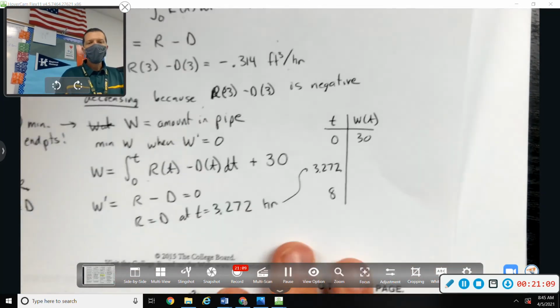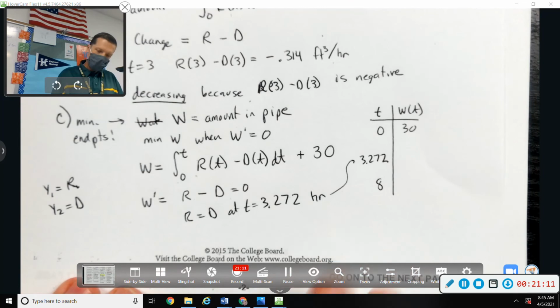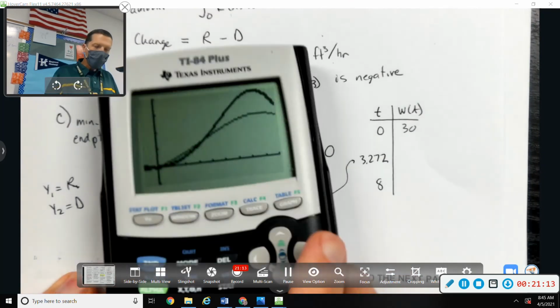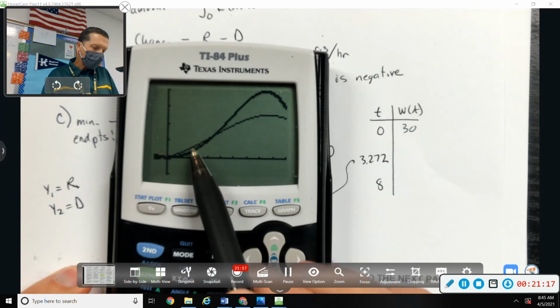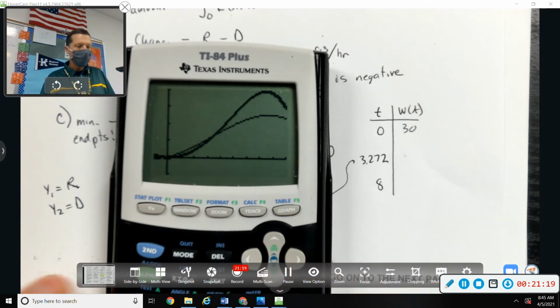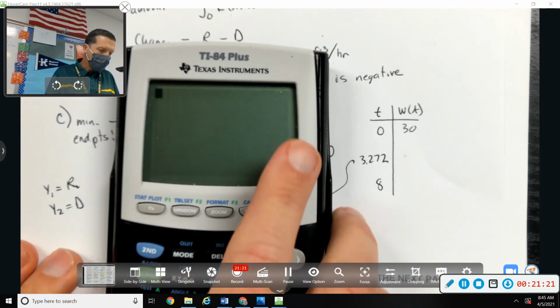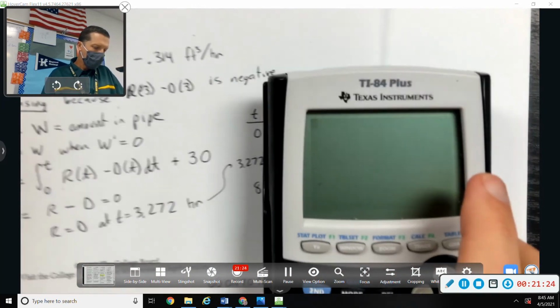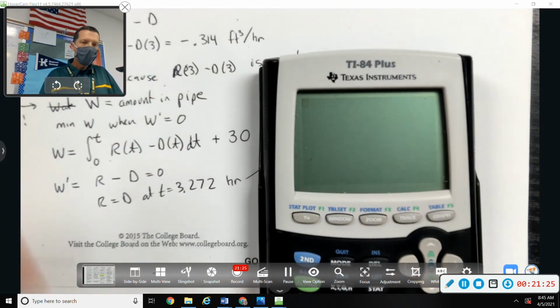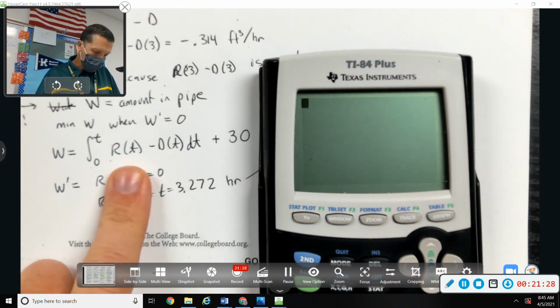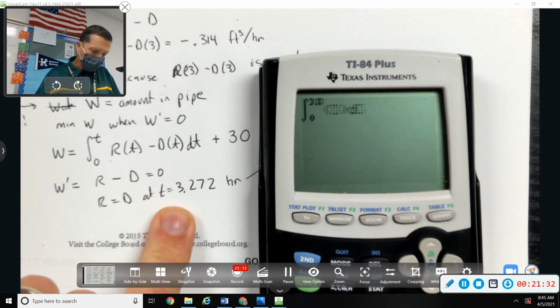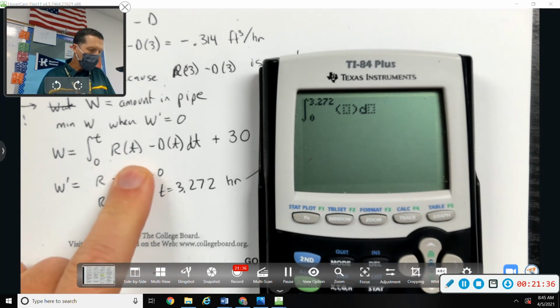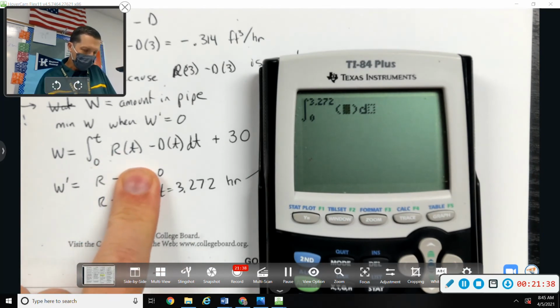We started at 30. Up to 3.2, more was going out than was going in, so this number should be smaller than 30. So I'm going to math 9 from 0 to 3.272 of y1 minus y2.